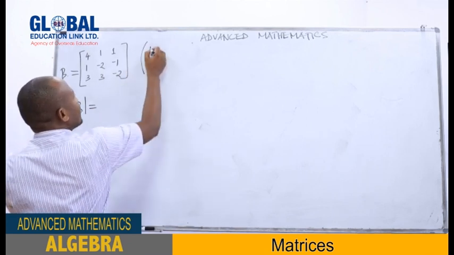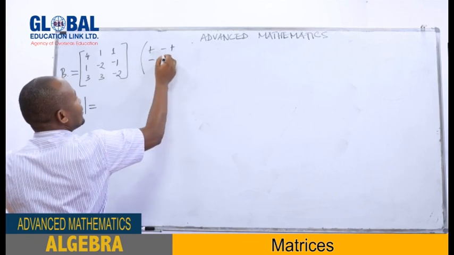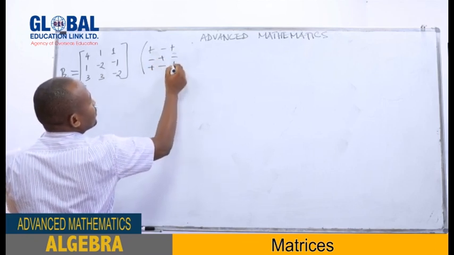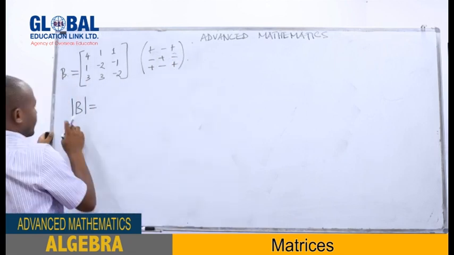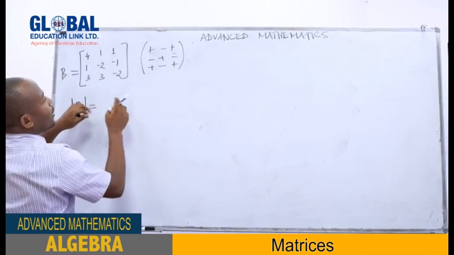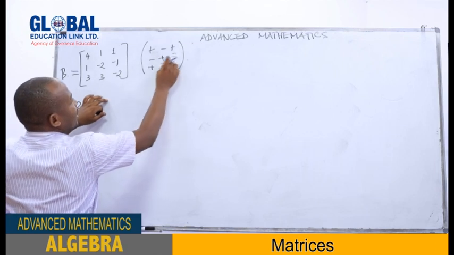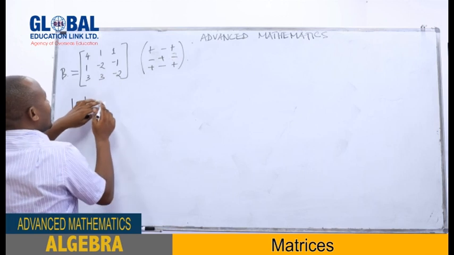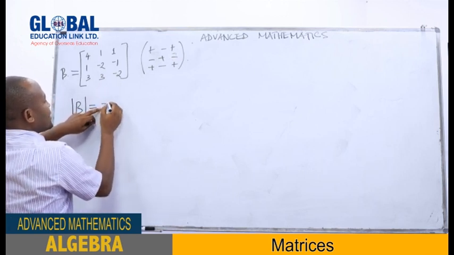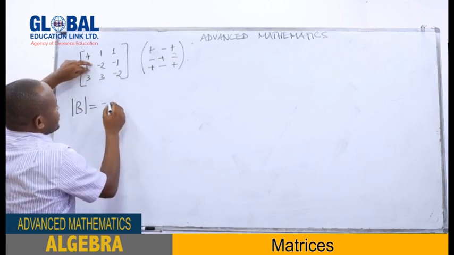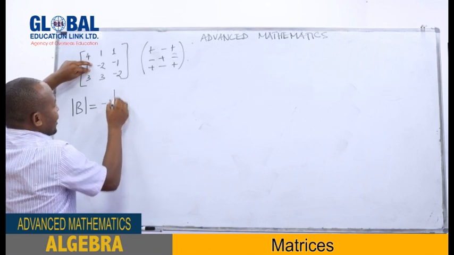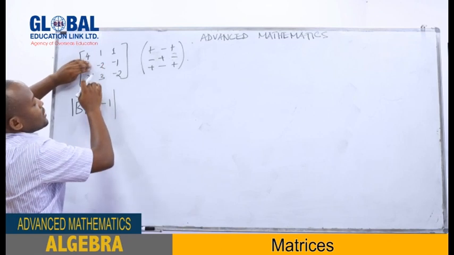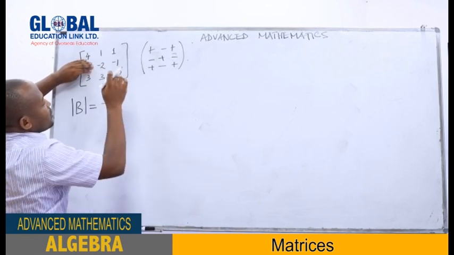Now remember the pattern. This is the pattern. Let me use the second one. Now it will be negative. I'm going to use this one, that means it will be 1. And the matrix that is left from there, that means this column and that row go.